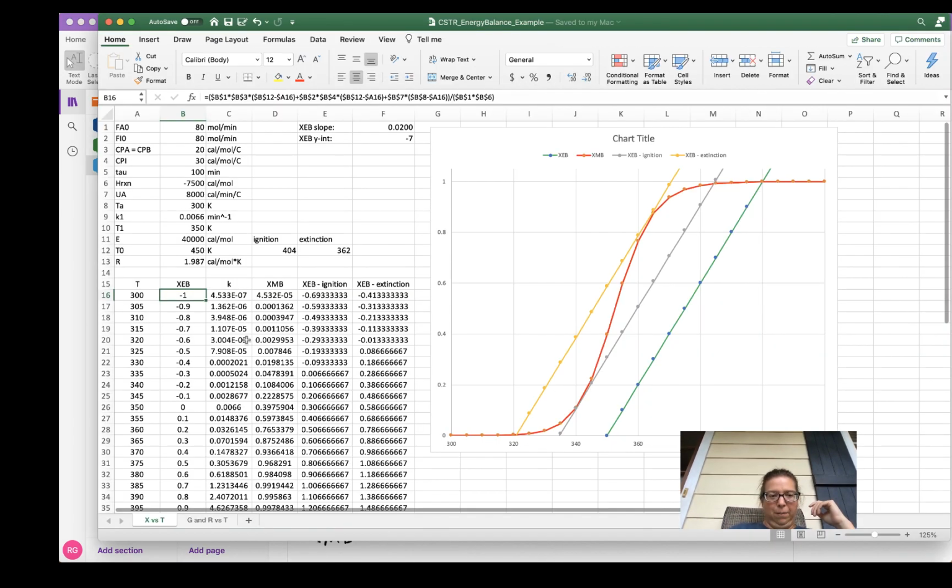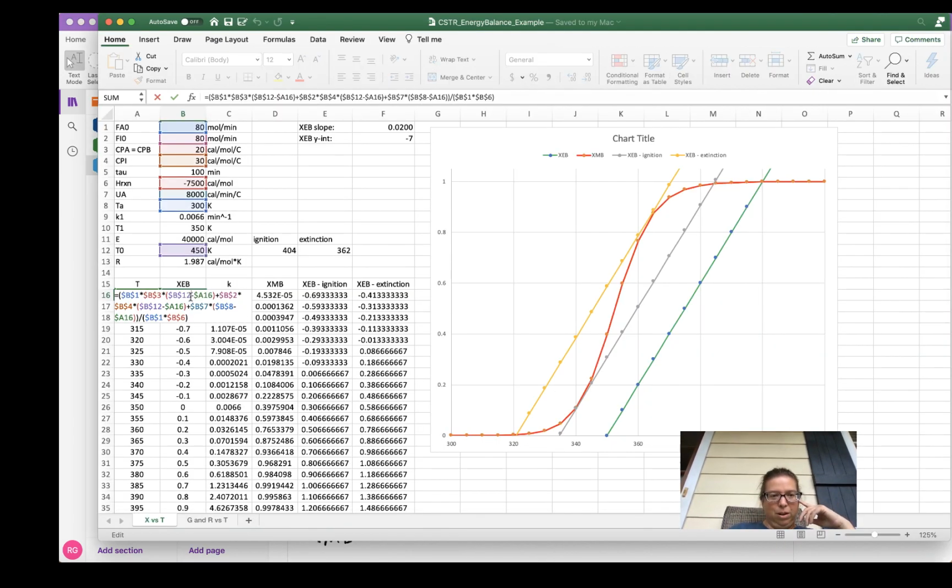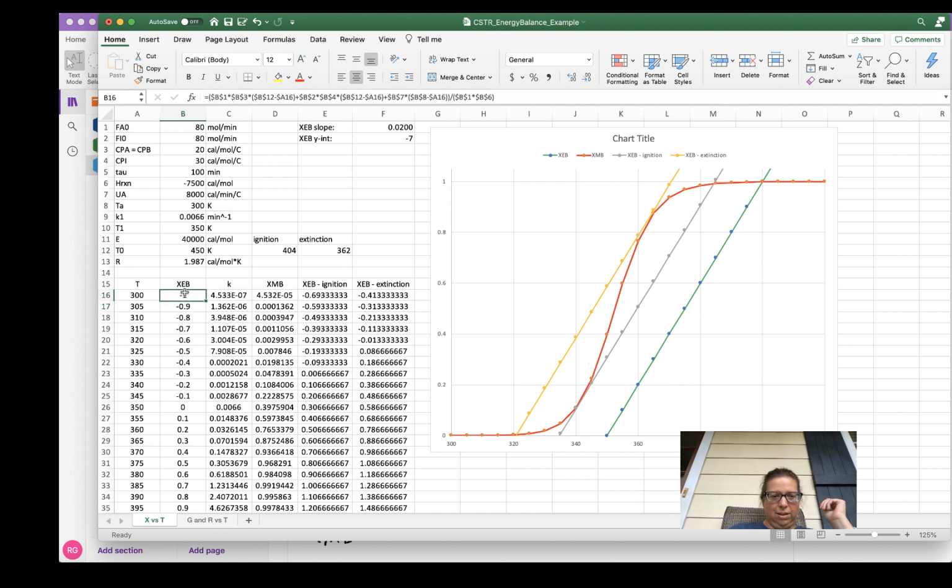If I click here, for example, I'm using this information up here as well as the temperature to generate this energy balance. You'll see that at this initial temperature, it's giving me a conversion of -1, which is unrealistic. But what I'm trying to do is make a graphical solution, so I just need points to graph, and I can adjust the axis ranges on my graph, and I'll do that in a minute. So the energy balance is pretty simple.